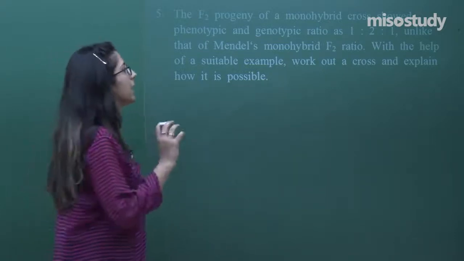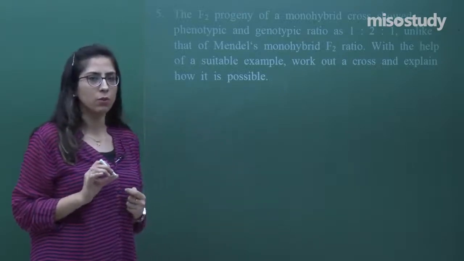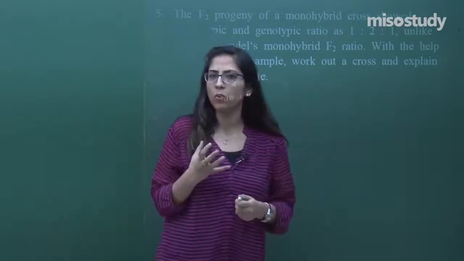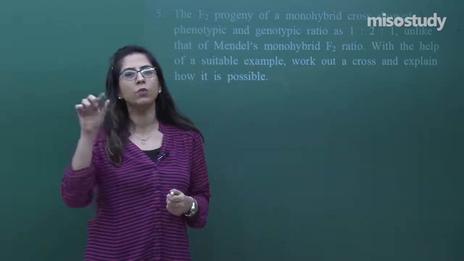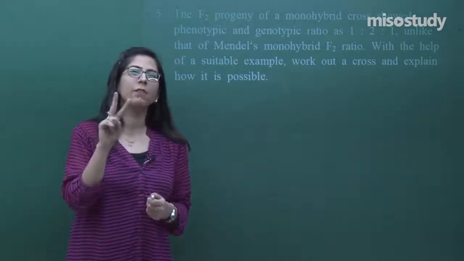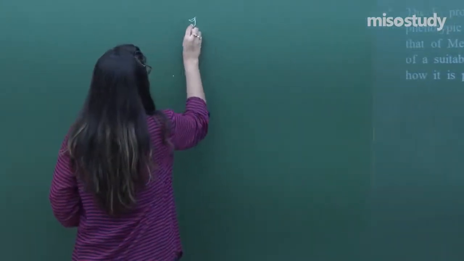Now here they are saying the two ratios which are obtained, one is a genotypic ratio and the other the phenotypic ratio. The genotypic ratio for a monohybrid cross is always 1:2:1, whereas the phenotypic ratio is 3:1. In this case, both the genotypic and the phenotypic ratios are the same. That means they are talking about a phenomenon called incomplete dominance.